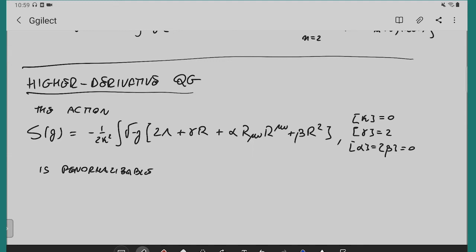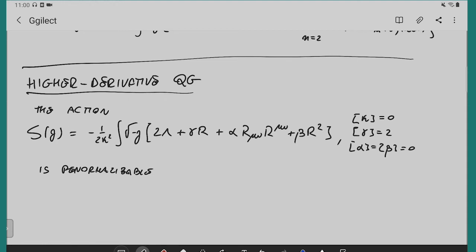So alpha and beta are not numbers that arise from quantum corrections, they are there. And this is a good thing: you compute the one loop divergences, you get this R squared and R mu nu squared, and then you say, okay, let me try to add them directly in the classical action and start the analysis from scratch, you get that counterterms are closed under renormalization.